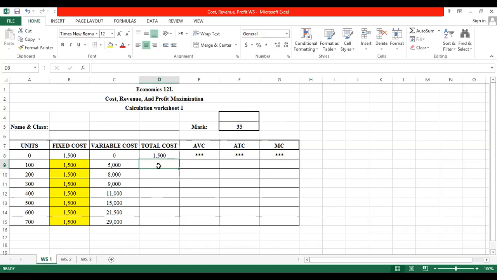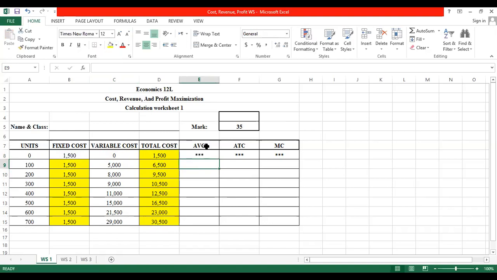I need to find each and every field of this one. I just copy the first line, scroll down, and I receive all my numbers. I will highlight it yellow, so I can see the fields I calculated by myself.